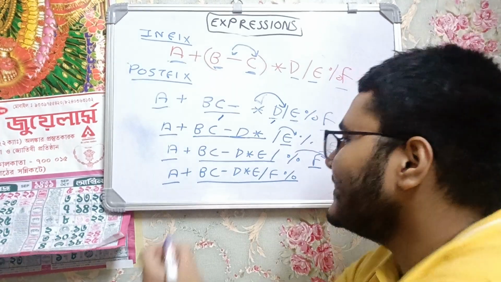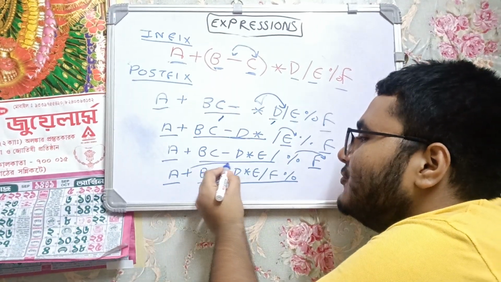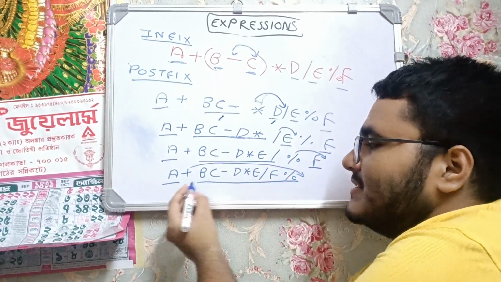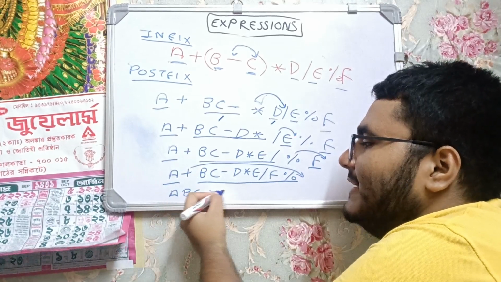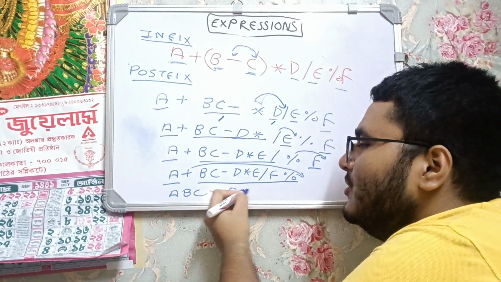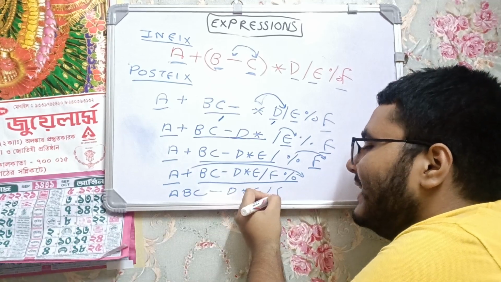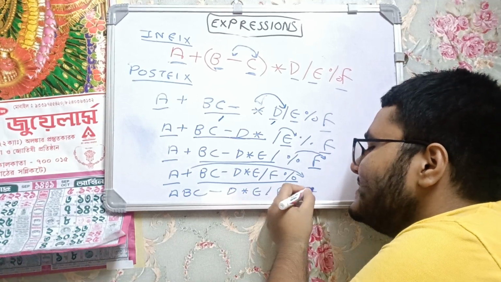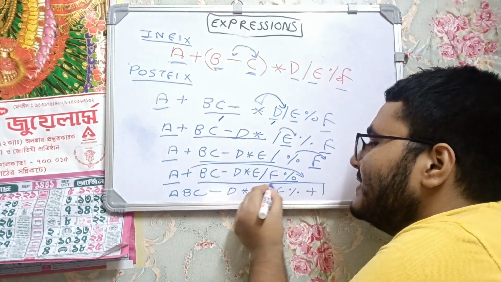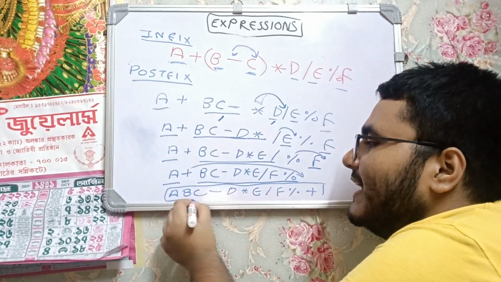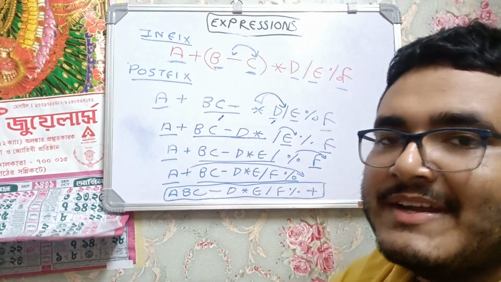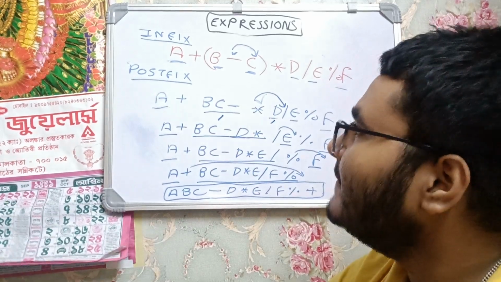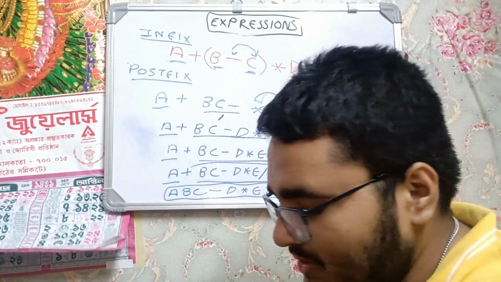Yes or no? So let us send it to the right side of this. So A B C minus D into E by F modulo plus, done. So this is my final postfix expression for the given infix expression, right?